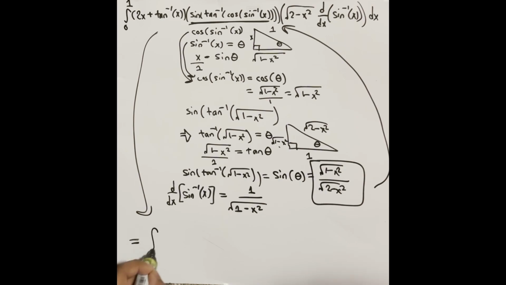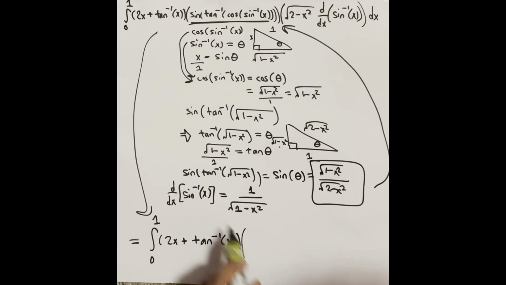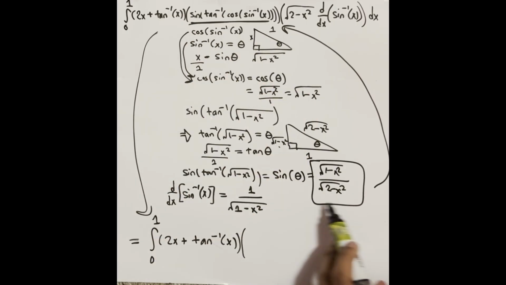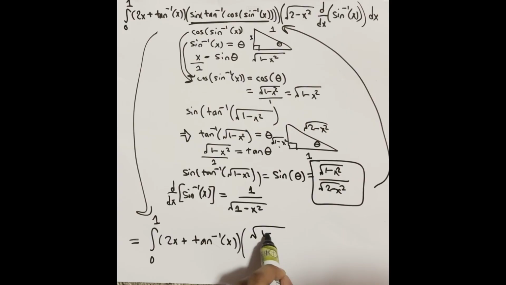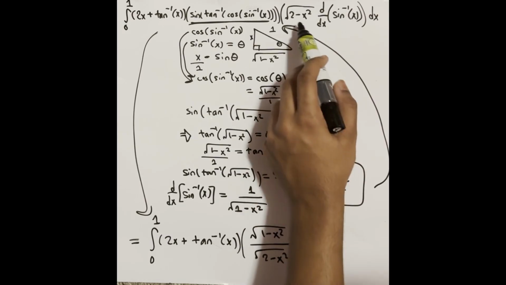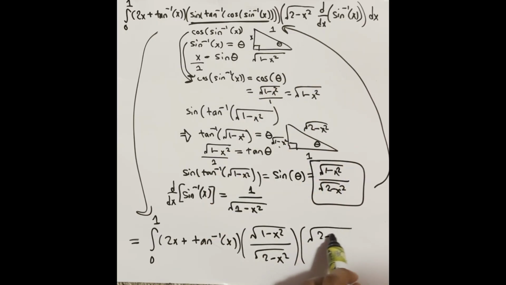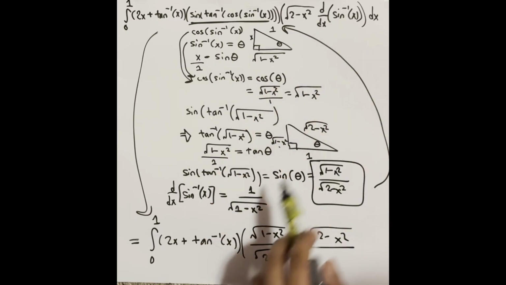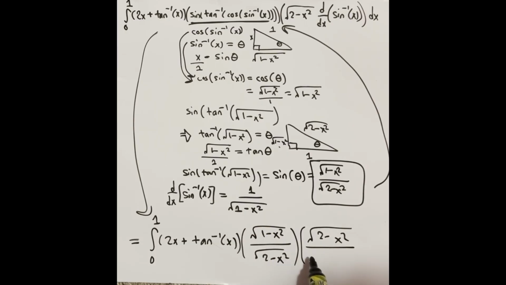So now we have the integral from 0 to 1 of 2x plus arctangent of x times the inverse trig functions, which we found to be square root 1 minus x squared over square root 2 minus x squared, multiplied by square root 2 minus x squared, and then that multiplied by the derivative with respect to x of sine inverse of x, which we found to be 1 over square root 1 minus x squared dx. And as you can see, these cancel out to be 1, so we're just left with the integral from 0 to 1 of 2x plus inverse tangent of x dx.